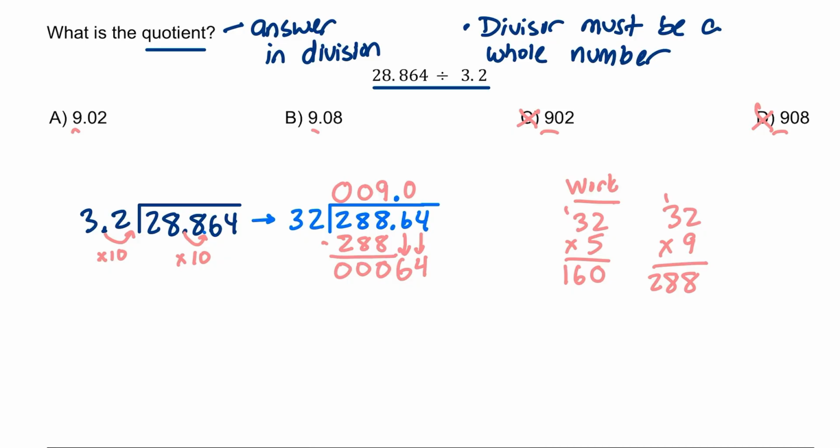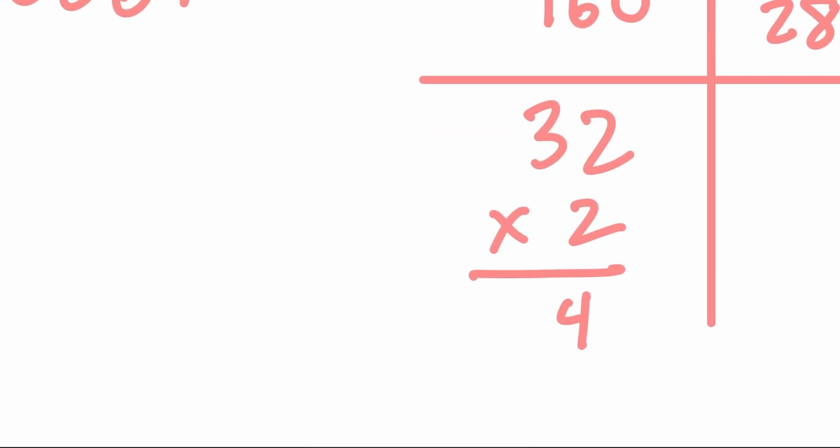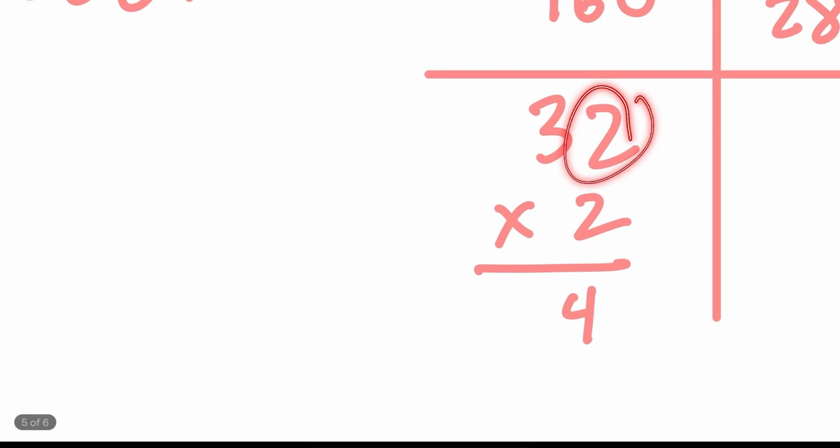Now, 64 is pretty small compared to our last number, so I'm going to try the 2 that we have here. 32 times 2, let me get some space. We've got 2 times 2, which is 4. We don't have to worry about carrying anything.